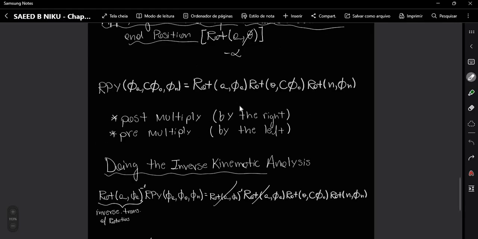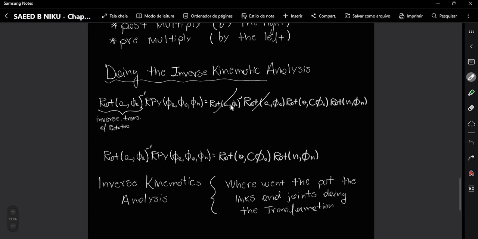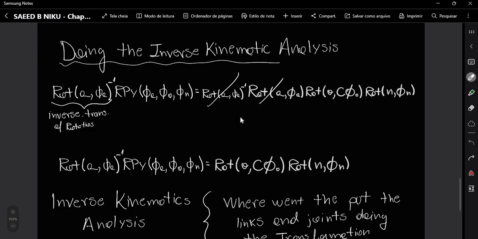All right, we have done an inverse kinematic analysis of the rotations of roll, pitch, and yaw, which are done simultaneously, or they can be done in sequence.